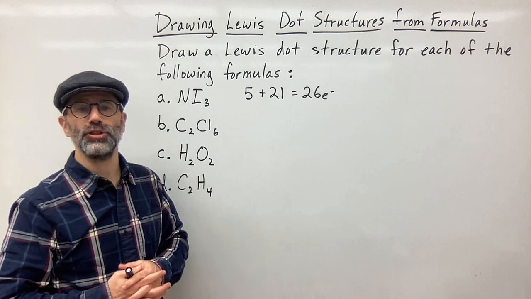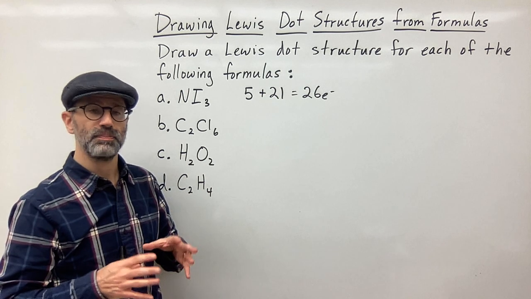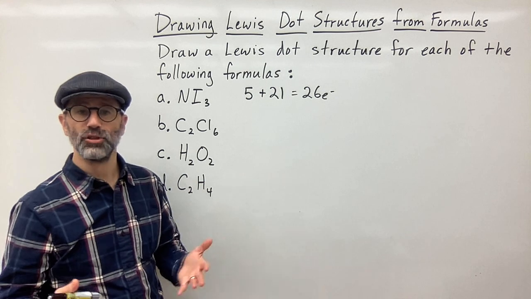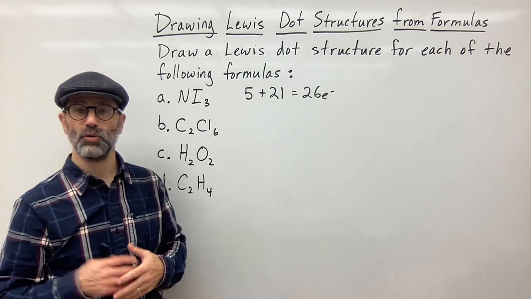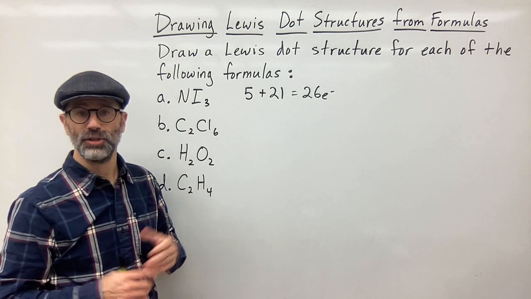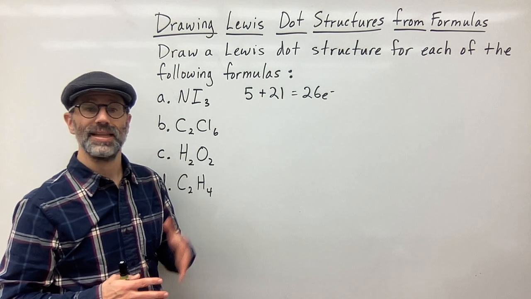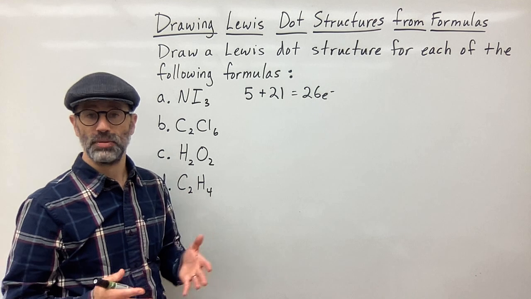First, usually the first element in your formula is the central atom. Here we have nitrogen written first, so nitrogen would probably be our central atom. The other thing you could look at is electronegativity. Normally, it's the less electronegative atom that is going to be your central atom.